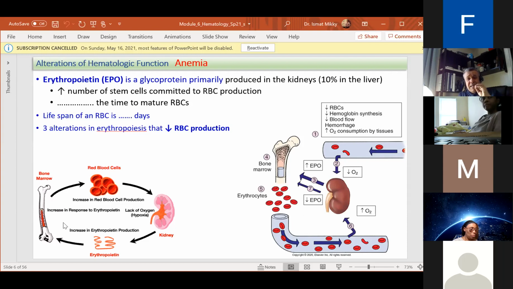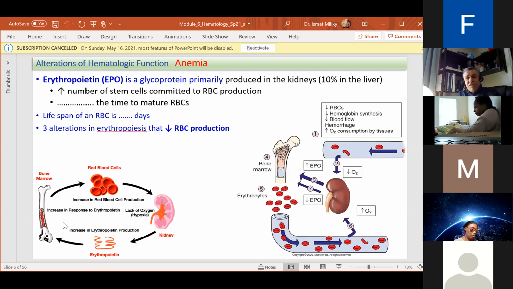It's the natural, endogenous hormone, primarily produced in the kidneys, and only about 10% in the liver. Which means in the absence of kidney function, patients with end-stage renal disease or renal failure will have a problem, because the kidneys cannot produce the erythropoietin hormone.